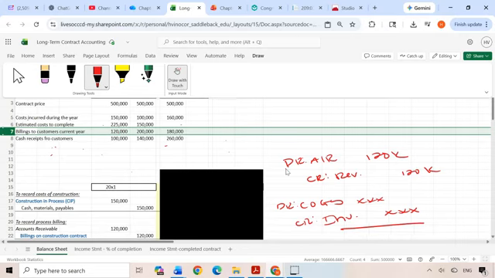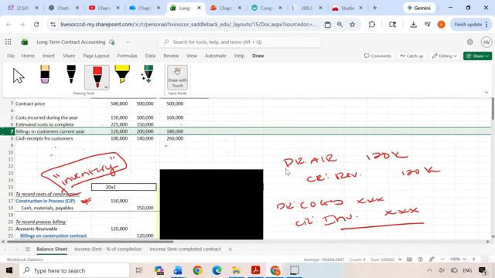Now let's go back to this first journal entry, the construction in process. Remember, I said this is kind of like an inventory account. If I just record sales revenue when I do the billing, then I am keeping this inventory account on our books, and I can't do that.